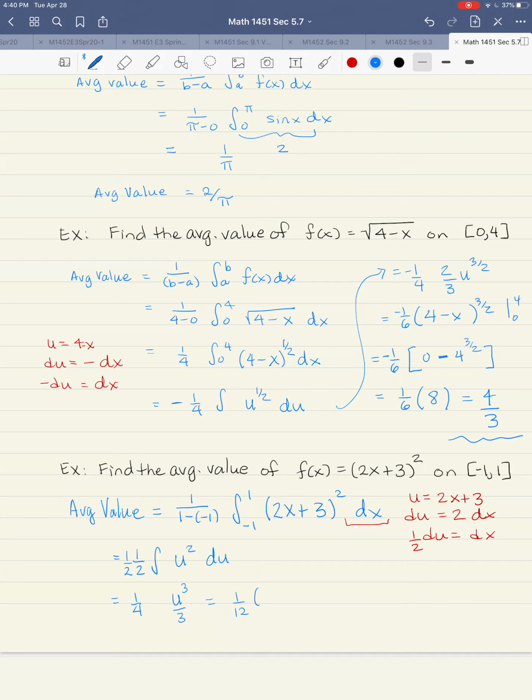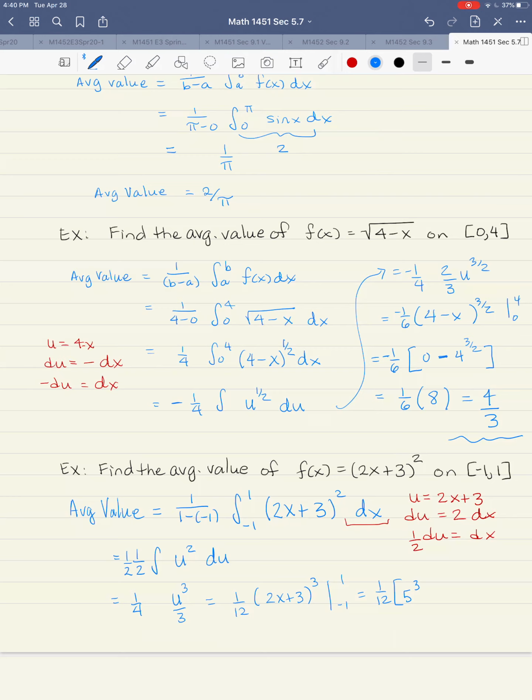So we have 1/4, integrate u squared and get u cubed over 3. Let's put that together as a 1/12. U is 2x plus 3 cubed. So that's over 3, got that. Now from -1 to 1. The 1 goes in first.